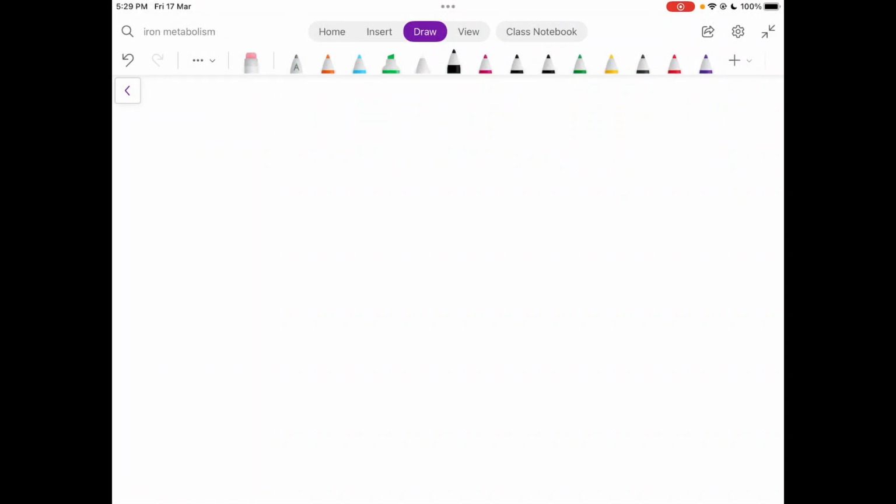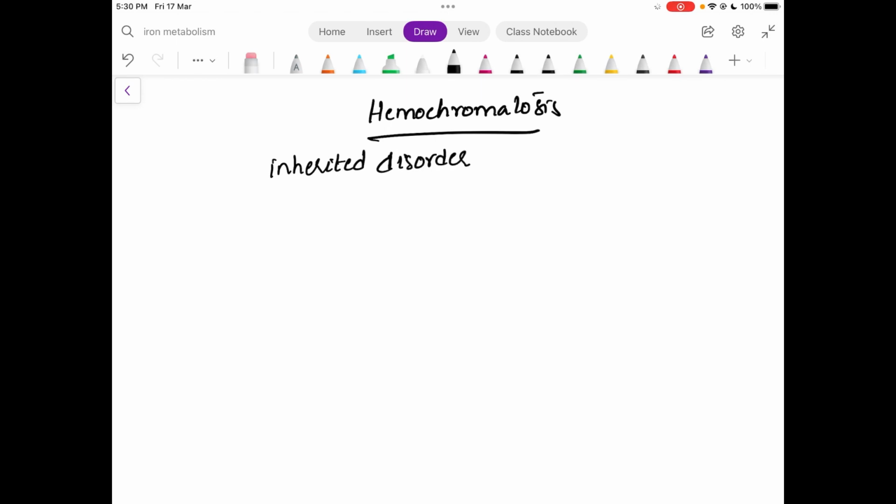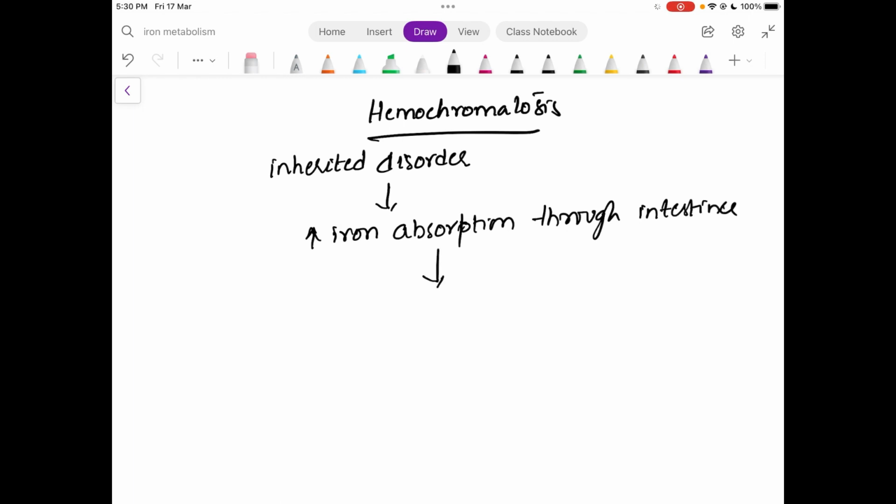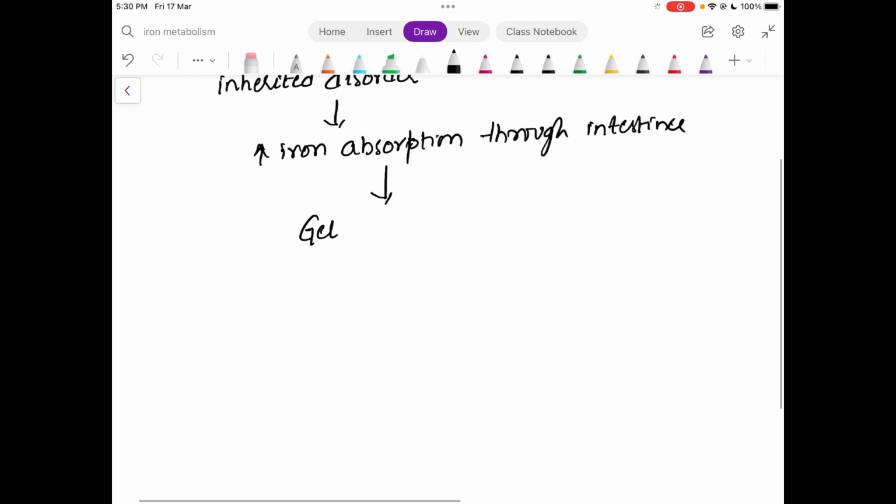In this class, we are going to discuss hemochromatosis. What is hemochromatosis? This is the most common inherited disorder where there is an increased iron absorption through the intestines, and this absorbed iron will get deposited.